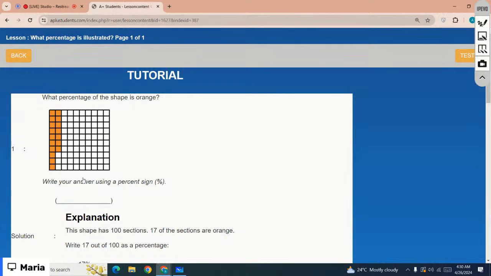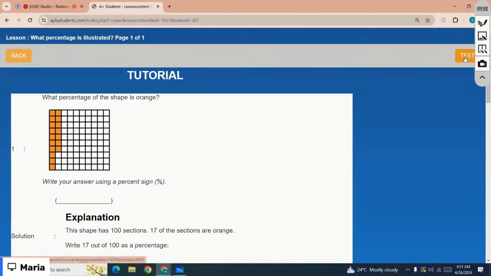This complete box has 100 small boxes, right? That is 17%, because 17 out of 100 are orange, so the correct option is 17%.